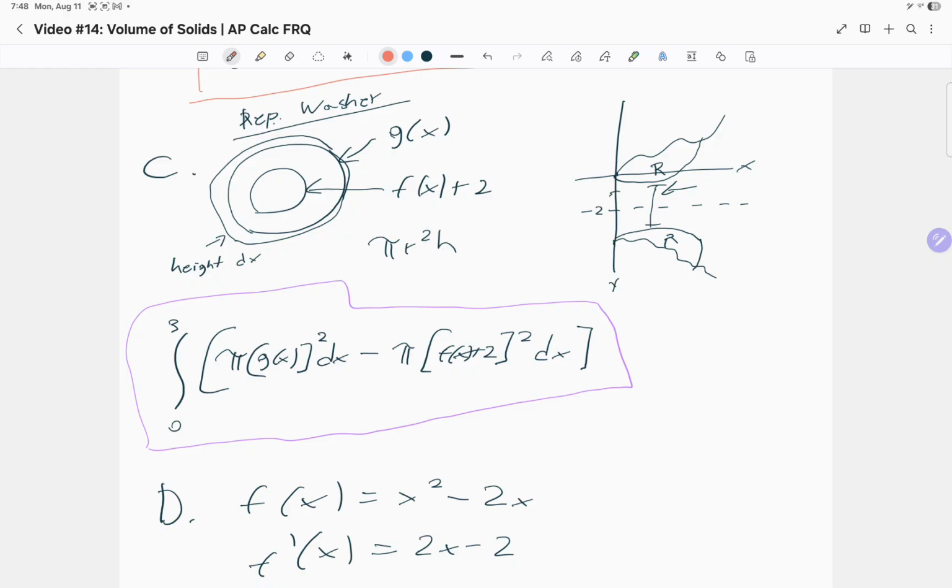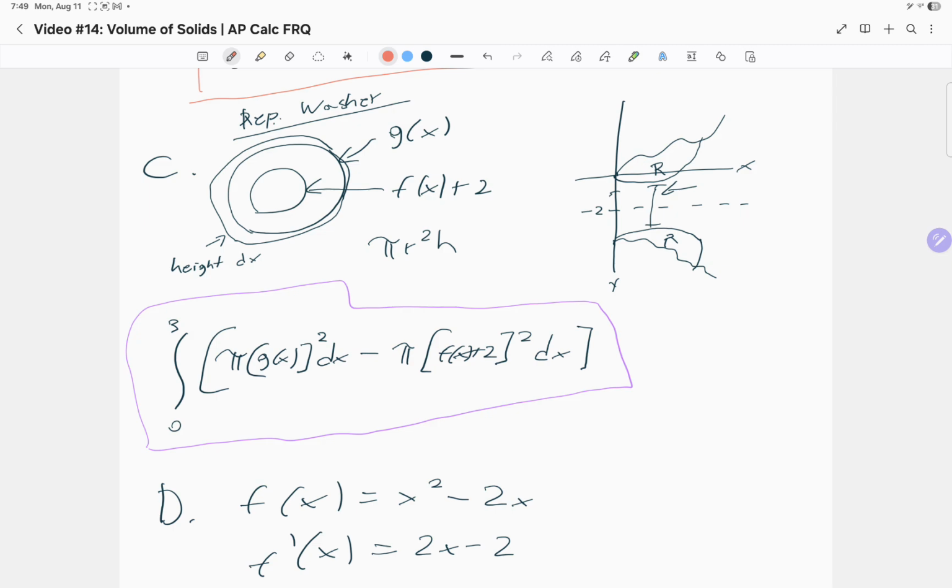It's not just f of x, because we have to account for the fact that the horizontal line's at -2. Don't overthink it. You need the +2 there for reasons I showed before, and so essentially to find the volume of that solid we're generating, it's going to be the volume of the solid generated if we just rotated g of x around the x-axis, and we're going to subtract.